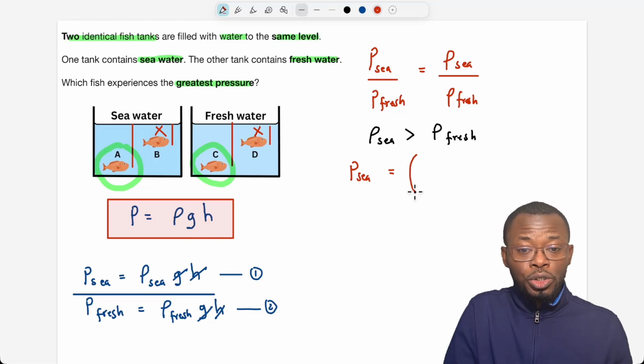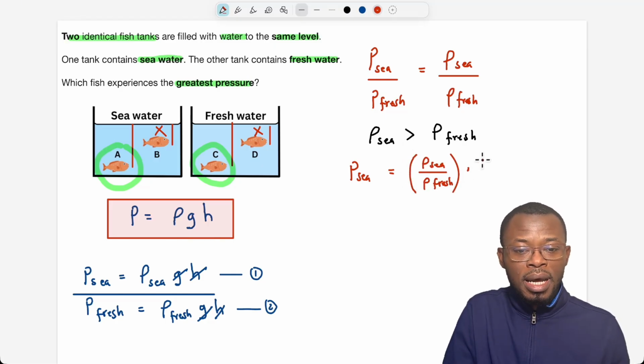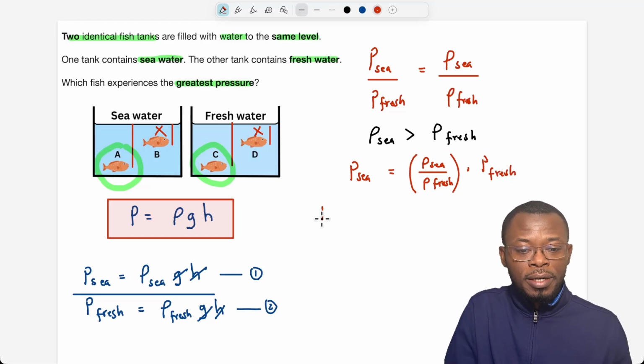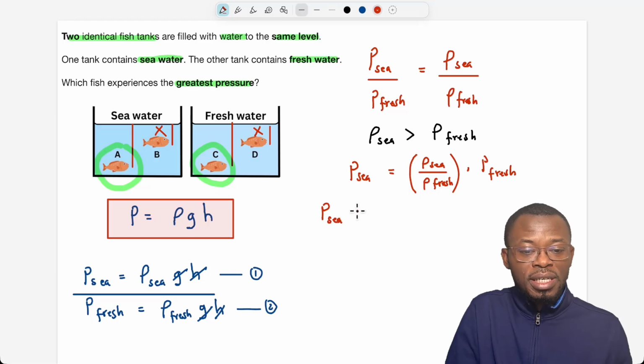So that ratio multiplied by the pressure inside the fresh water. And we can see clearly the pressure experienced by the fish in the seawater is going to be greater than the pressure experienced by the fish in the fresh water, right?